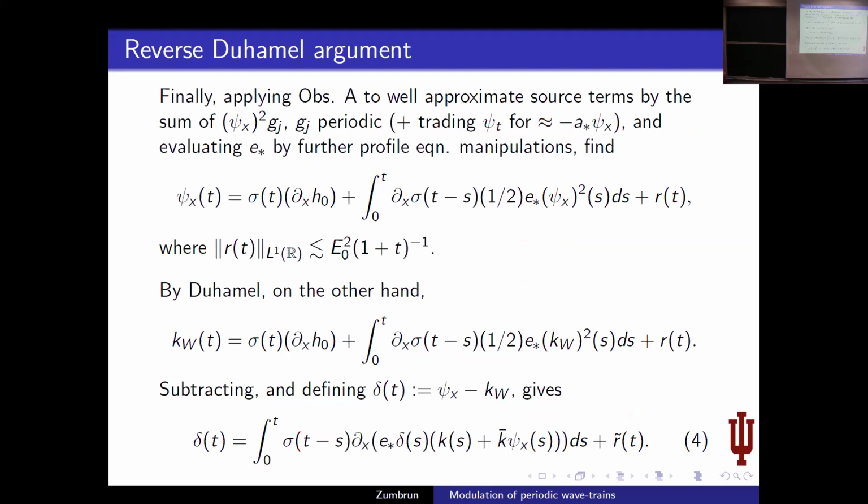Okay, so now I kind of like this argument. I'm calling it a reverse Duhamel argument. So it's like reverse engineering what you know.